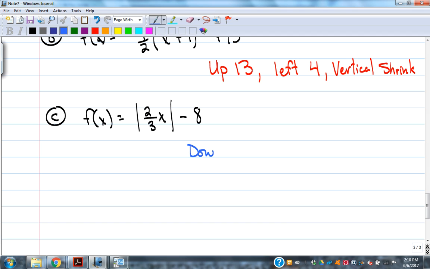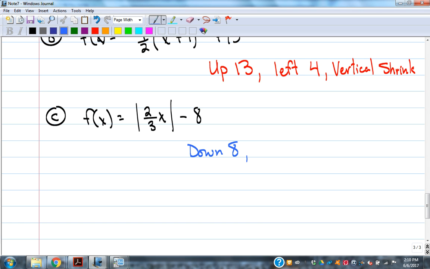Moves it down 8. Yes, sir. So if you have a negative number on the outside, that automatically means it moves down, right? Yes, if you're subtracting on the outside, it's always going to be down. If you're adding on the outside, that's going to go up. Okay. Plus a number on the outside's up, minus a number on the outside's down. You've got the right idea.